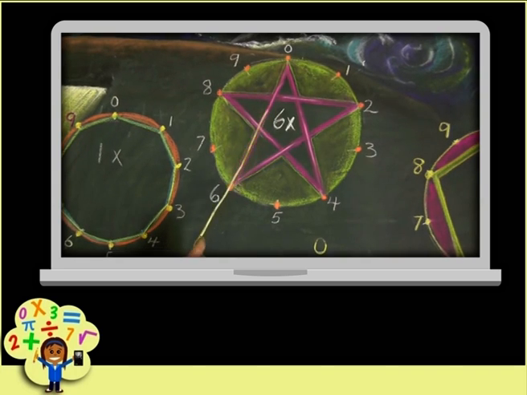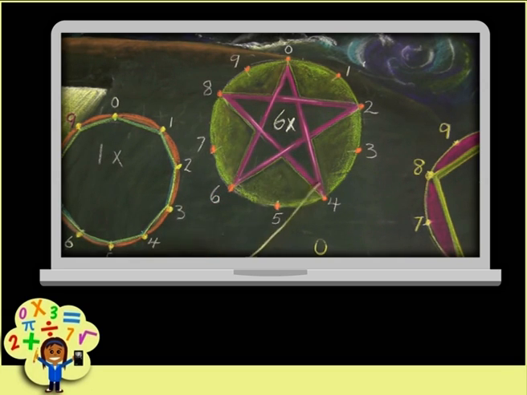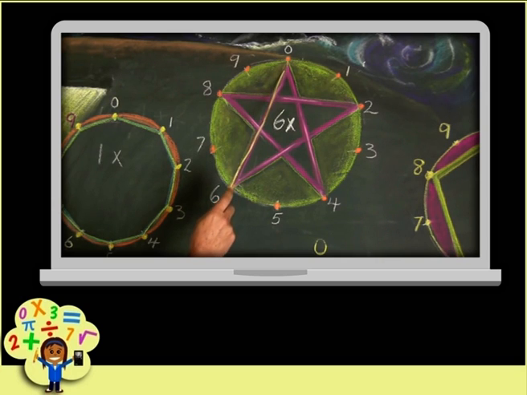So the exact same circle works for the 6 times tables, only this time we're going to go the other way. First we went down to the 4 this way, clockwise. Now we're coming back down to the 6.